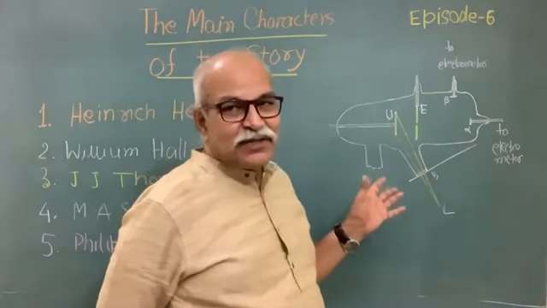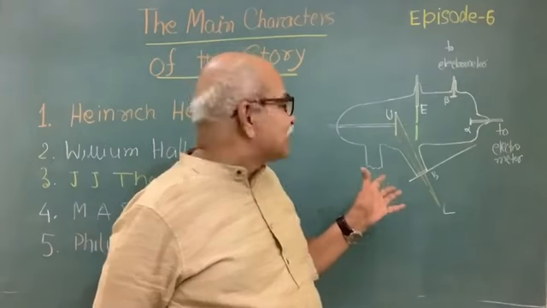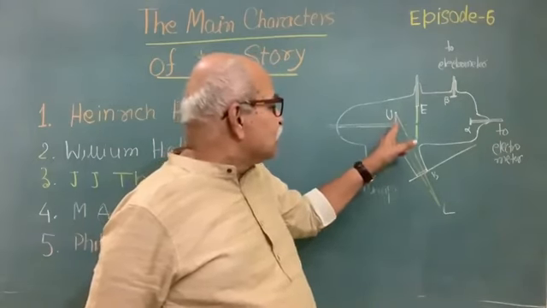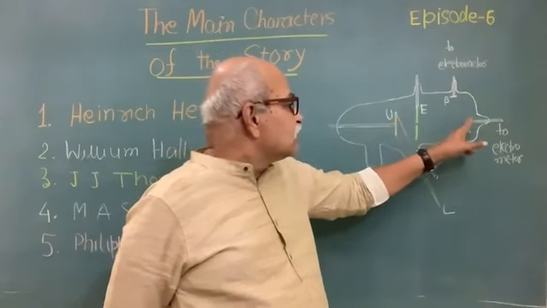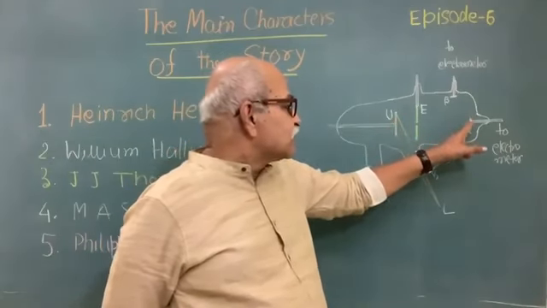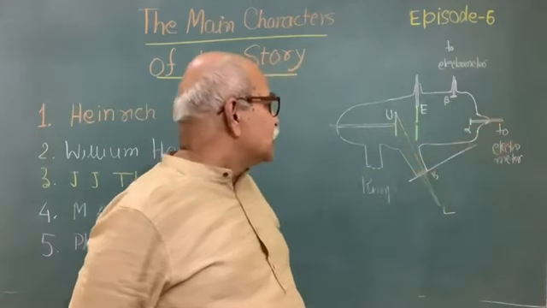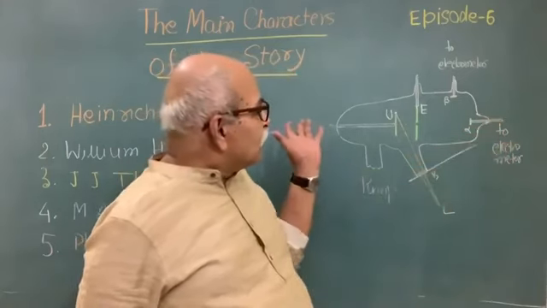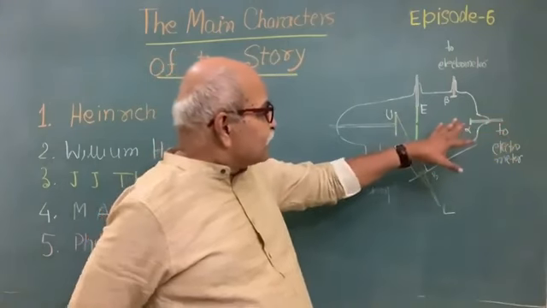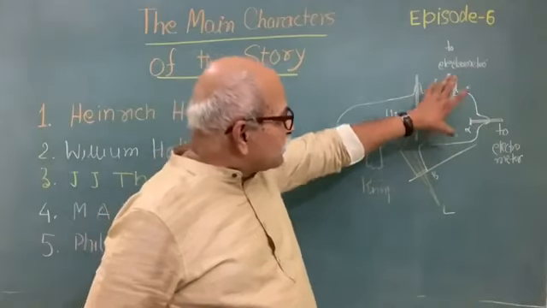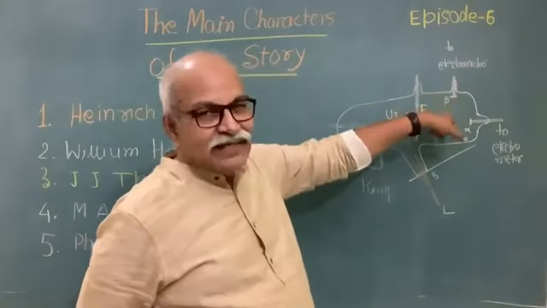This experiment was done and reported in 1902. So you have a kind of charge which is deposited here, and you can measure how much is that charge in how much time.